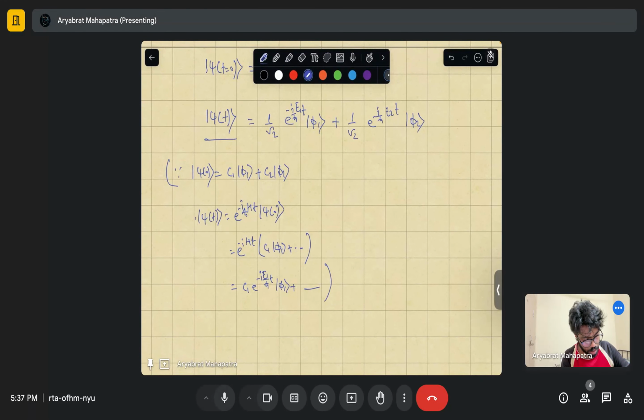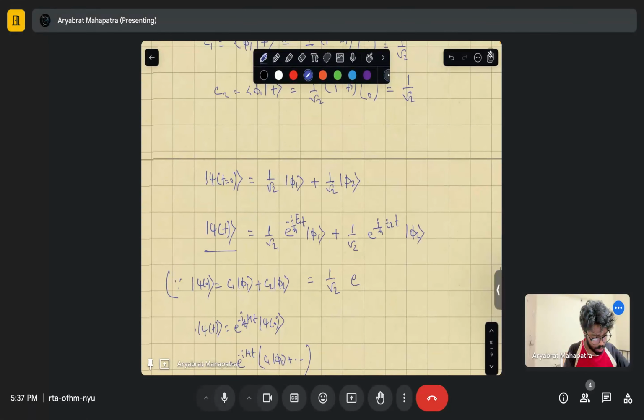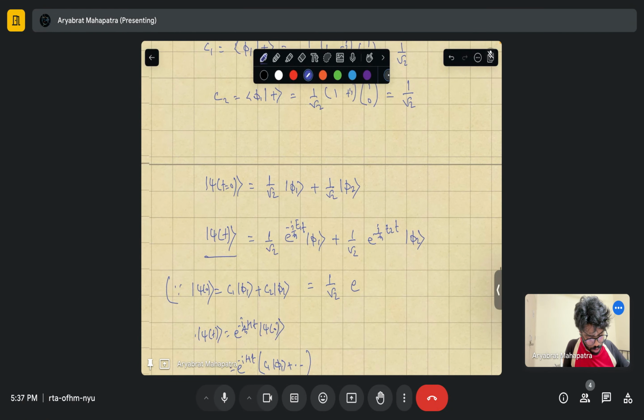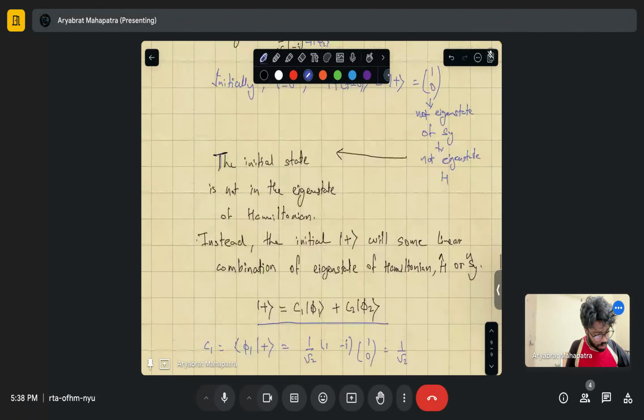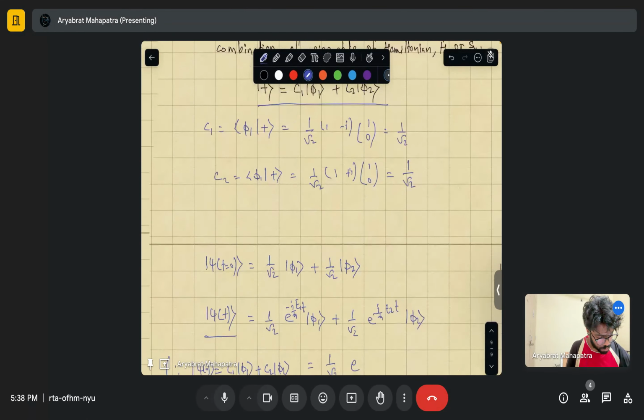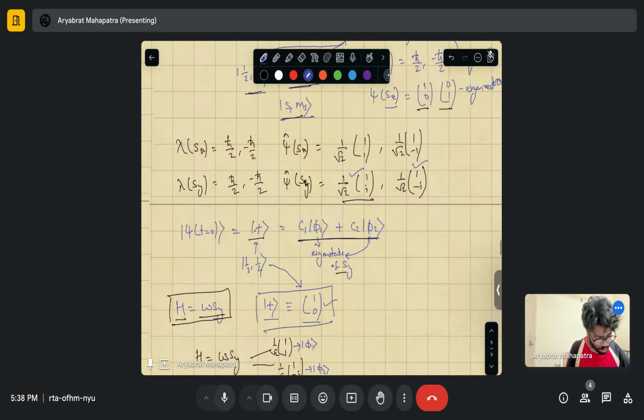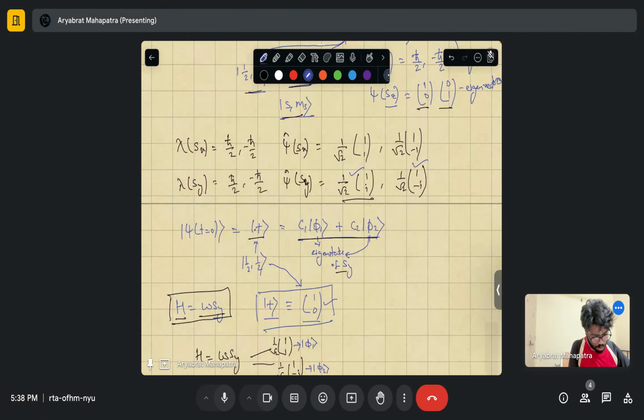Now we can further write 1 by root 2 e to the power... So what will be your E1 here?